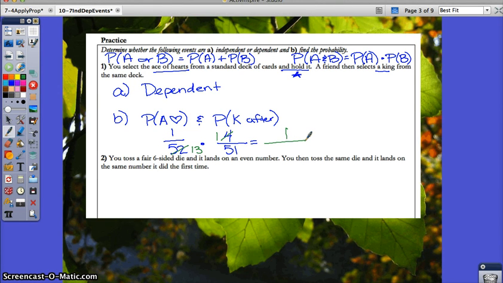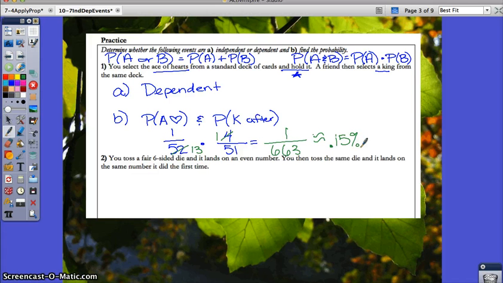Also, you can round to the percent as well. So 13 times 51, did you get 663? And then when you divide that to get the decimal and then you move the decimal over, this percent is 0.15%. That's less than 1% chance of this happening. So don't bet on that.